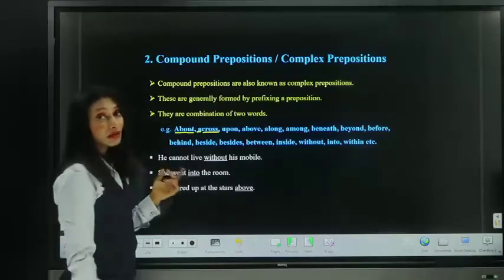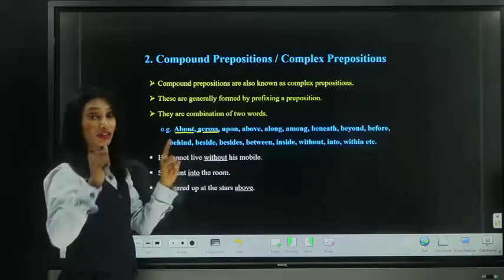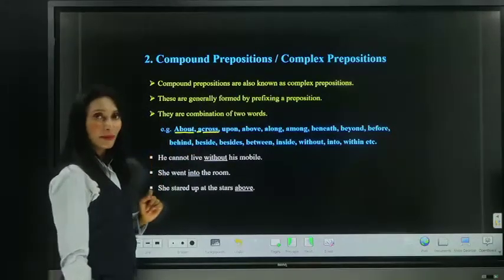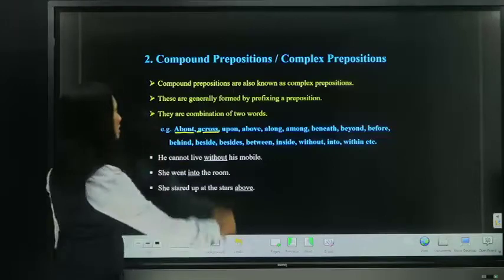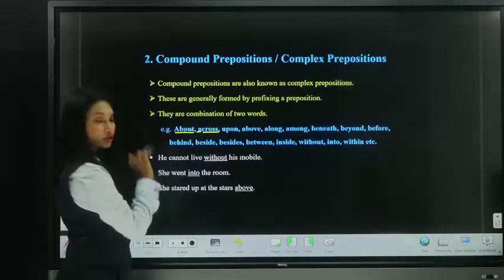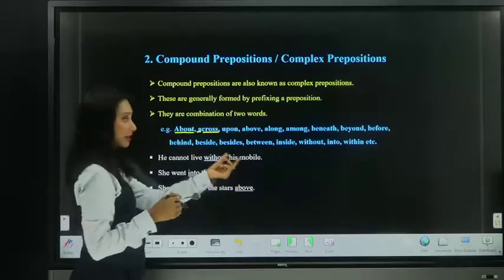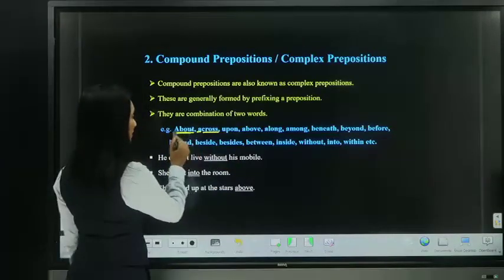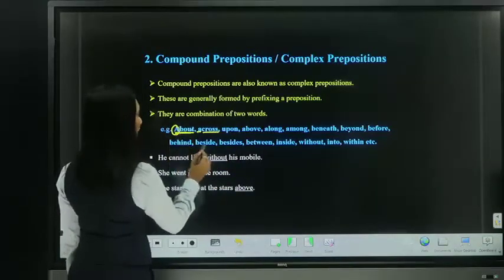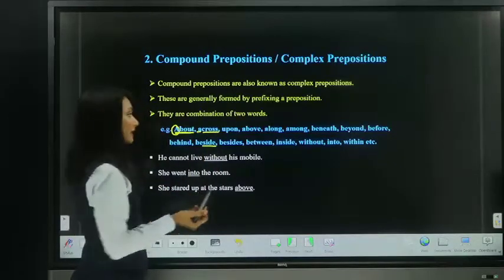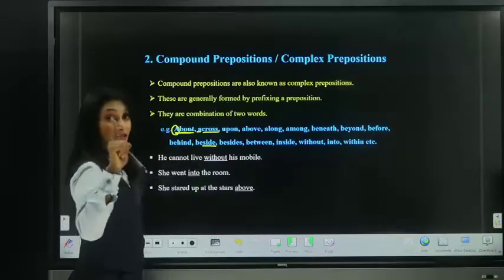So do remember, compound prepositions are written as a single unit without any gap. It is considered as a single preposition, as a single word. They are formed either by adding a prefix or adding a suffix to another word, and these prepositions are written as a single unit.